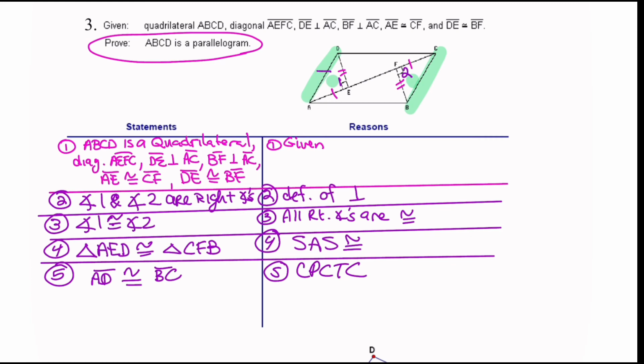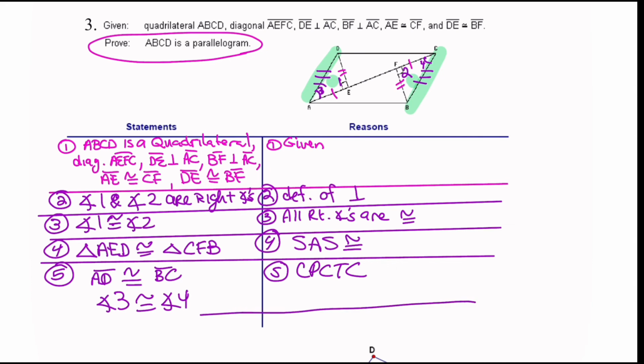By the way, we could also say that angle 3, I'll call this guy angle 3 because we used 1, and angle 4 over here are also congruent by CPCTC. Angle 3 congruent to angle 4 by CPCTC.